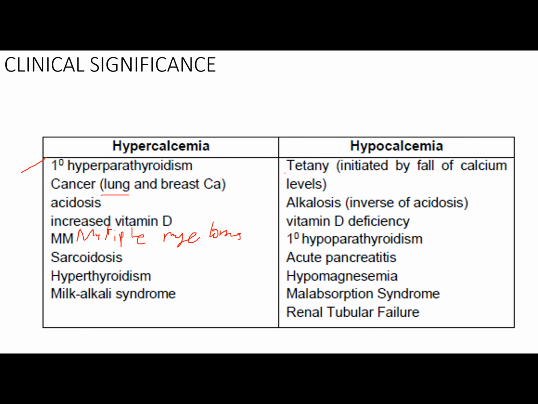Hypocalcemia class seen in tetany, initiated by the fall of calcium levels, alkalosis, vitamin D deficiency, primary hypoparathyroidism, acute pancreatitis, hypomagnesemia, malabsorption syndrome, and renal tubular failure.